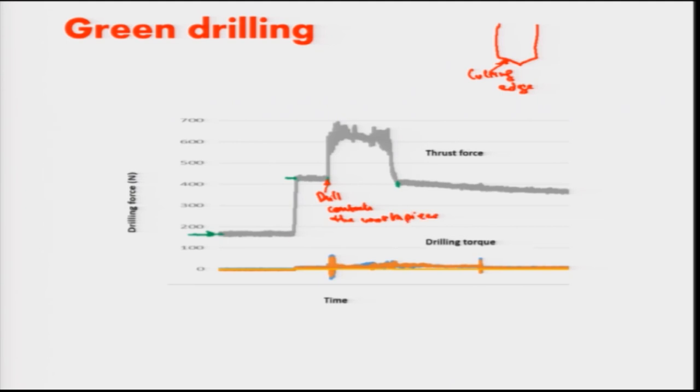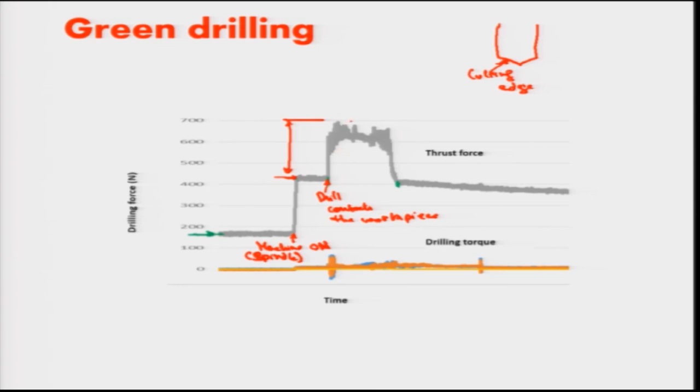At this point, the spindle is on, machine on. When the spindle gets on, it tries to throw the drill away, and some thrust force is there. But this is a variable force. This is the force that is taken into consideration.